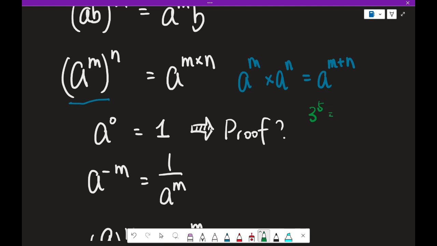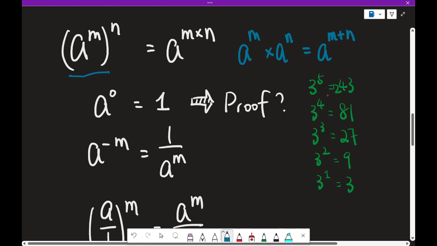It should give us 243. What about 3 to the power of 4? 81. 3 to the power of 3, 27. 3 squared, 9. 3 to the power of 1 gives us 3.